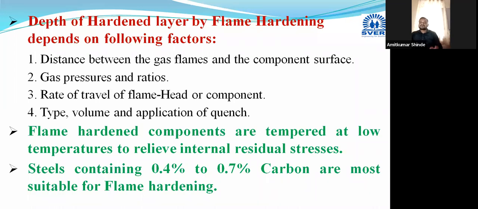So a tempering heat treatment process is required. After flame hardening, the component should be tempered at low temperatures, from 100 to 200 degrees Celsius, to relieve the internal stresses. It is very important.